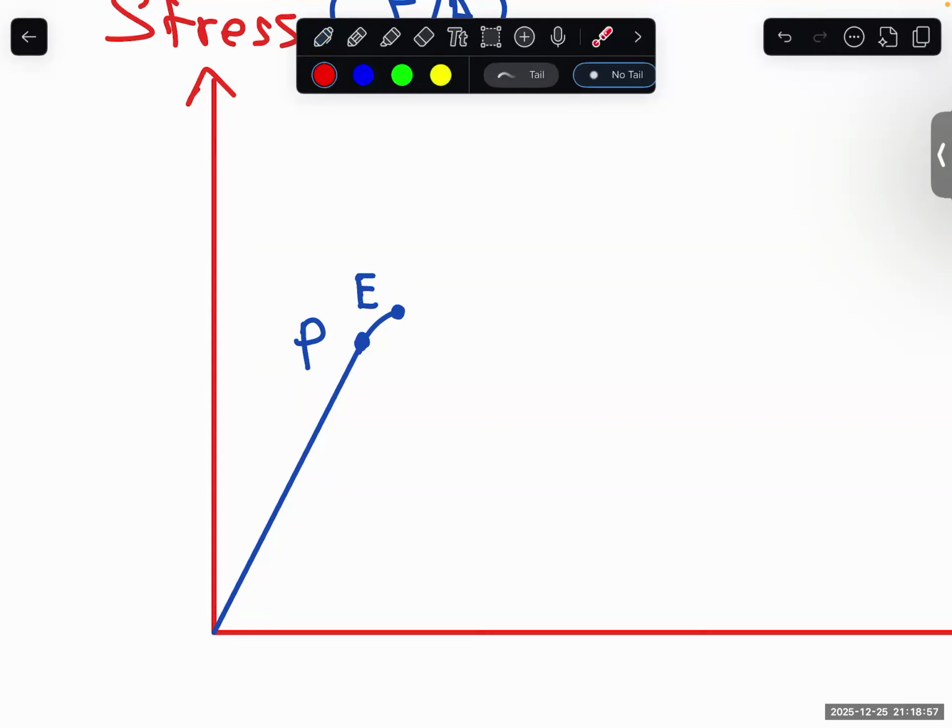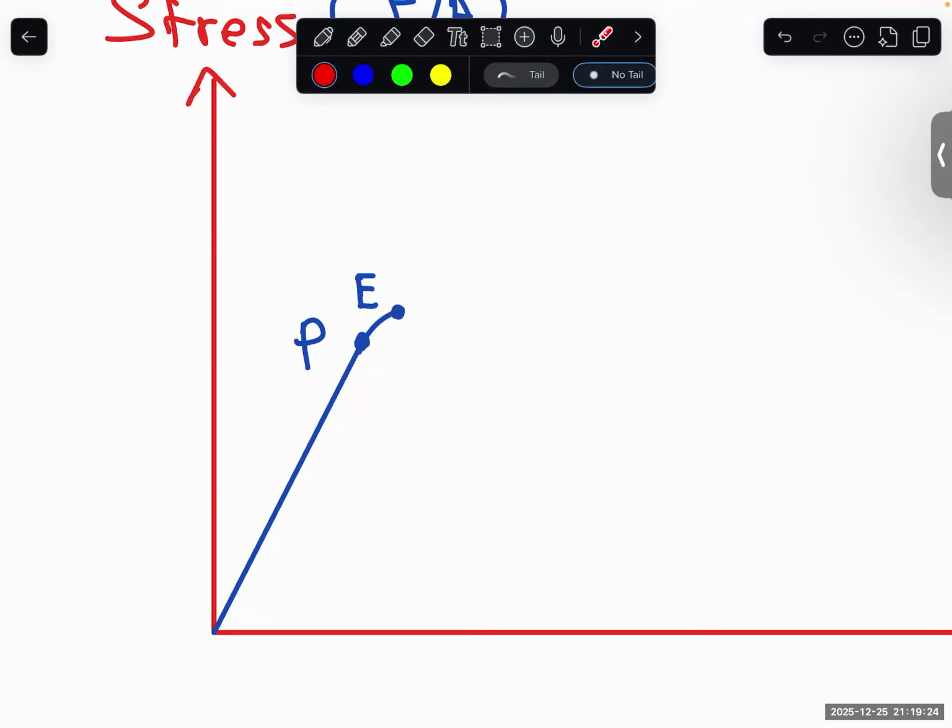Okay, I'll tell again. So the object that has elastic property will undergo proportional deformation until the proportionality limit. After that, it will be elastic but not proportional, and there is a limit for that also, the elastic limit. And beyond that, it will undergo permanent deformation.